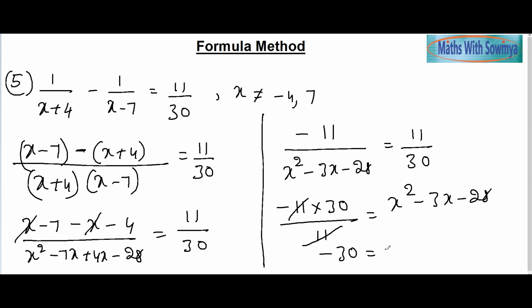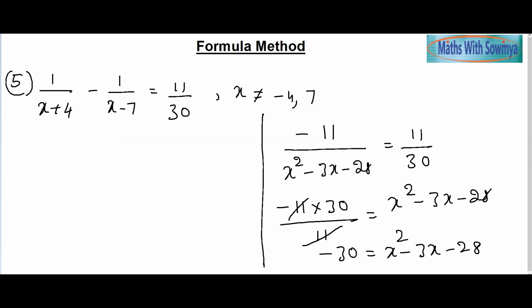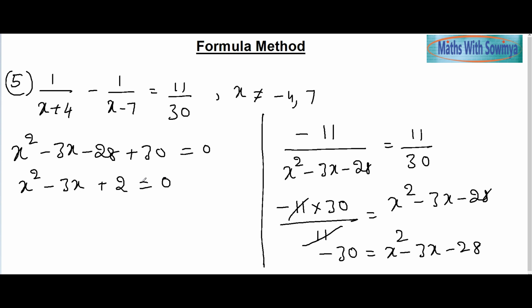We get minus 30 is equal to x square minus 3x minus 28. So, this can be written as x square minus 3x minus 28 plus 30 is equal to 0. x square minus 3x plus 2 is equal to 0.